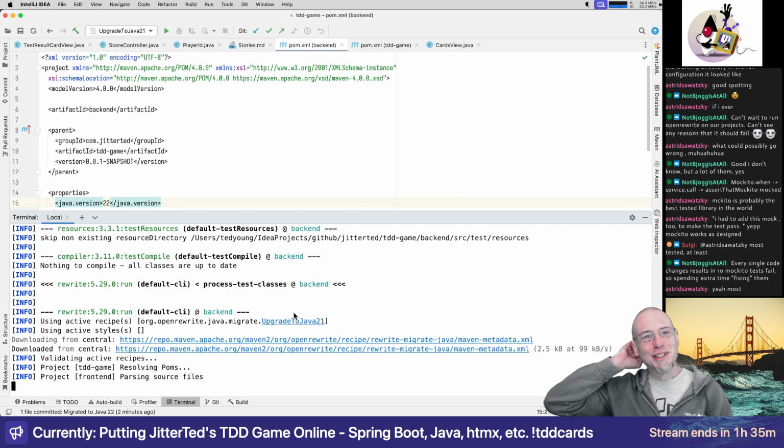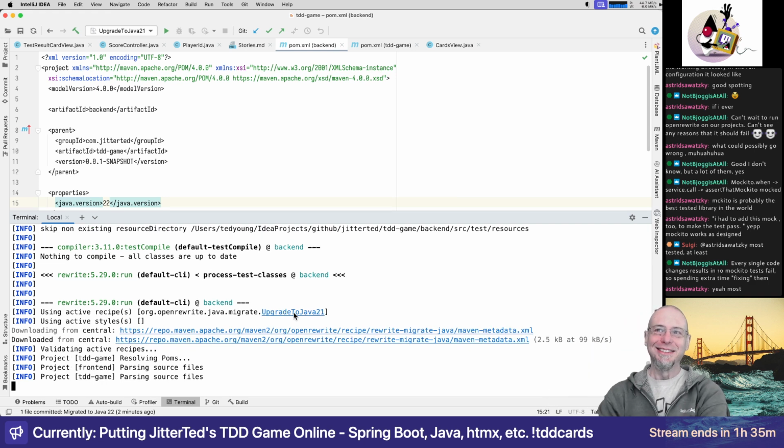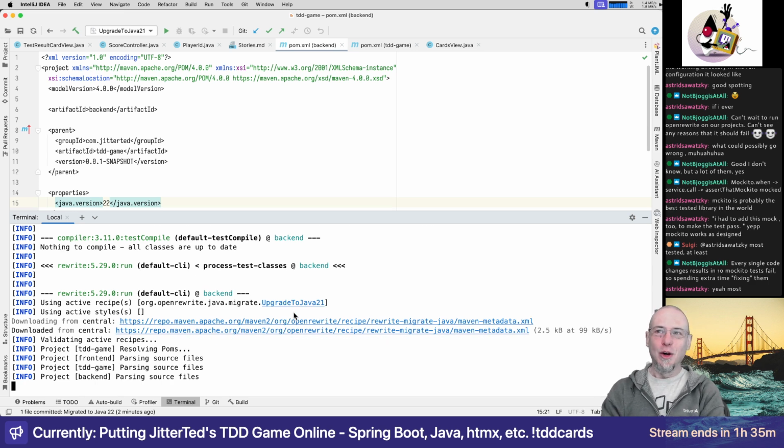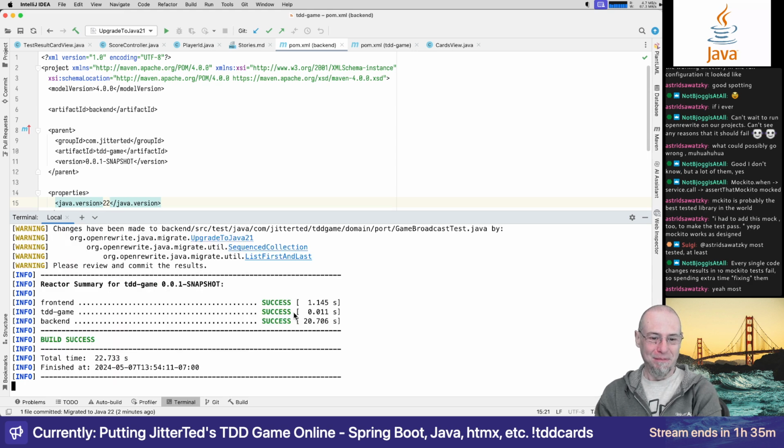Every single code change results in 10 Mockito tests failing. Yeah. I hope by fixing them you mean you're getting rid of the use of Mockito.